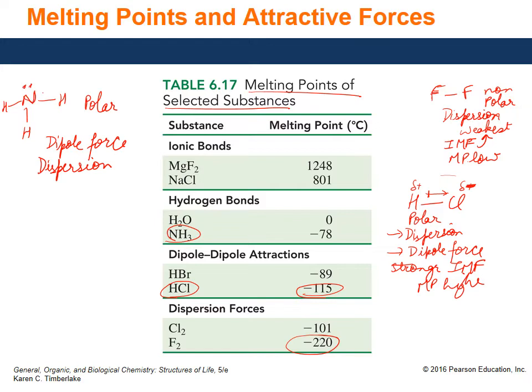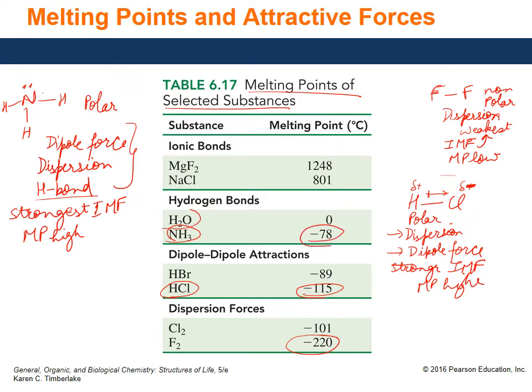Remember, whenever hydrogen is bonded to nitrogen, fluorine or oxygen, it also makes a hydrogen bond. And hydrogen bond is the strongest of them, the strongest IMF. If IMF is strong, which means the melting point will be high. So you can see for ammonia, the melting point is -78.